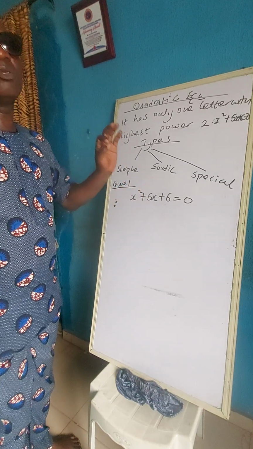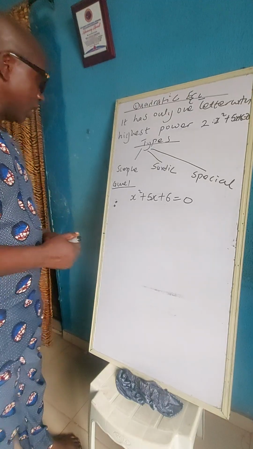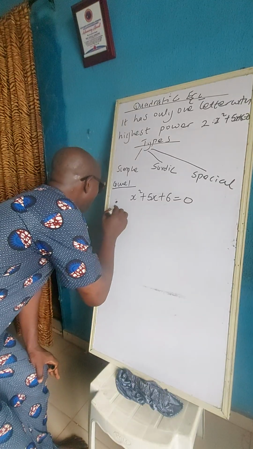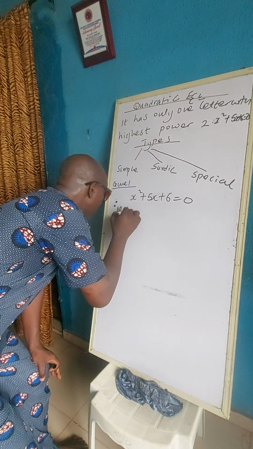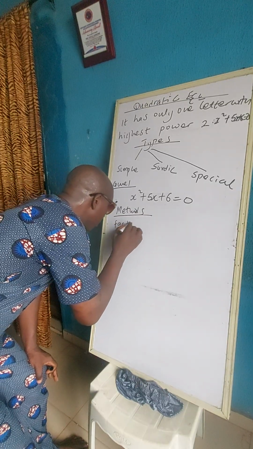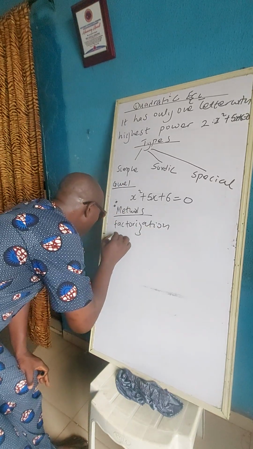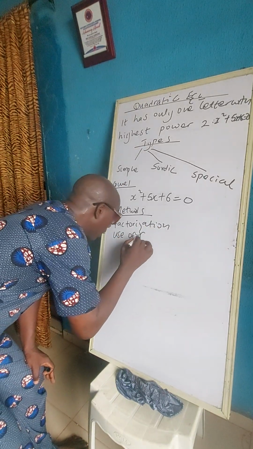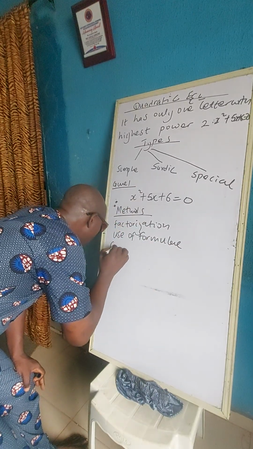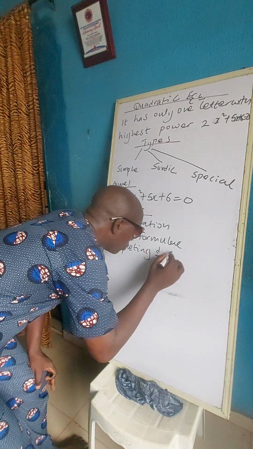We only take note of 3 methods. 1, factorization method. 2, use of formula. 3, completing the square method.